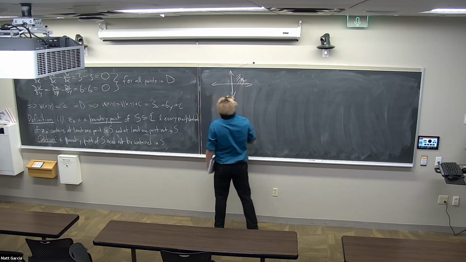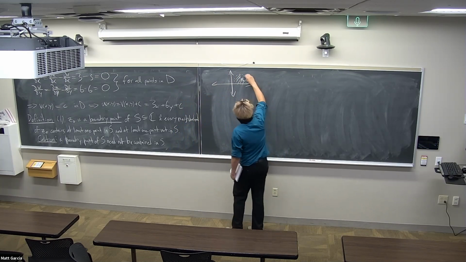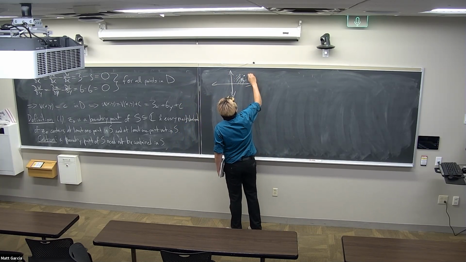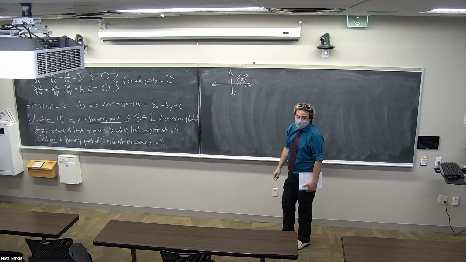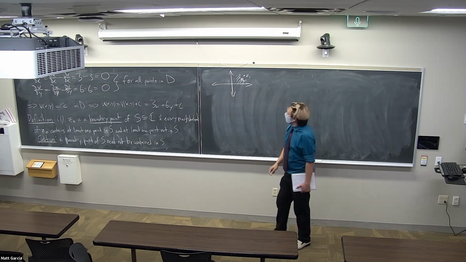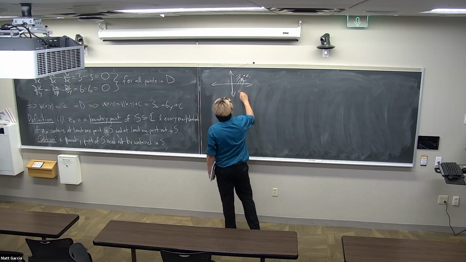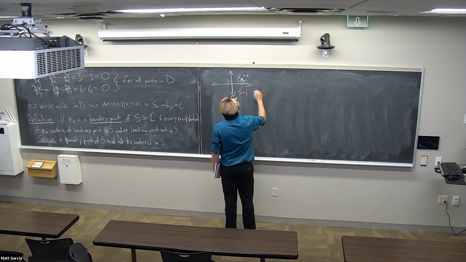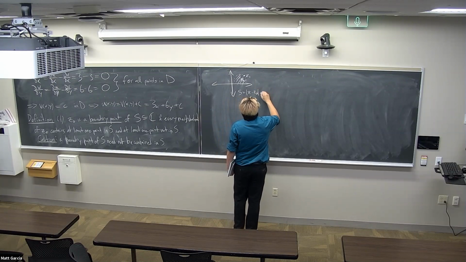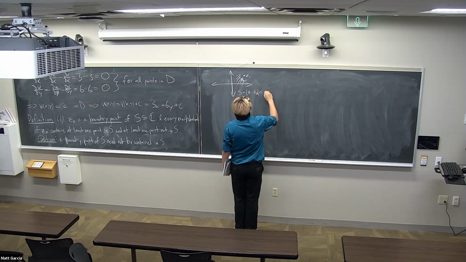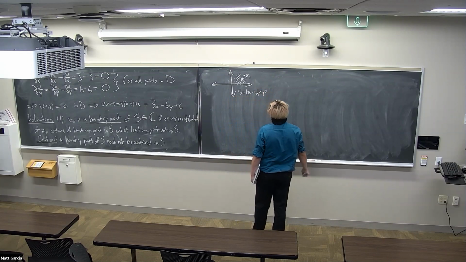Here's a set S, an open disk. Here's a boundary point of this set S, equal to the complex numbers which form an open disk around Z naught.